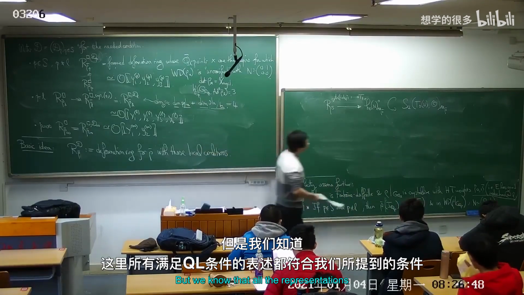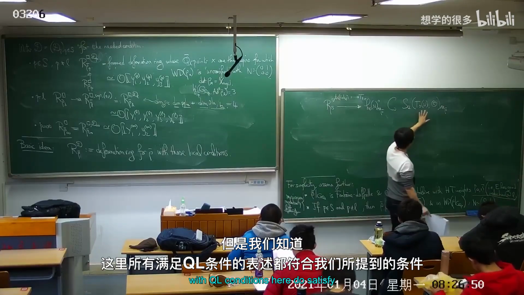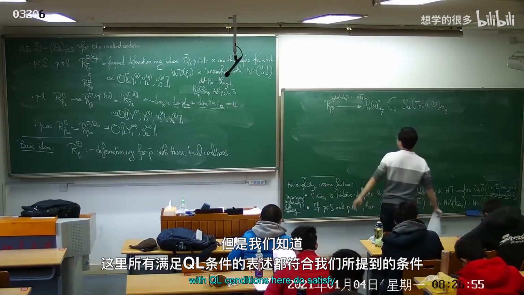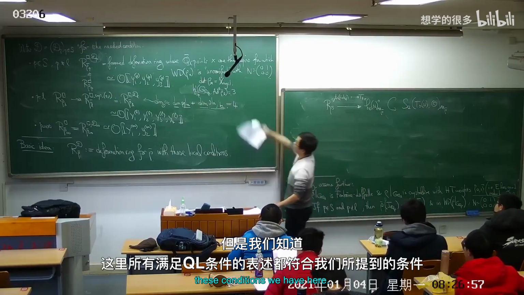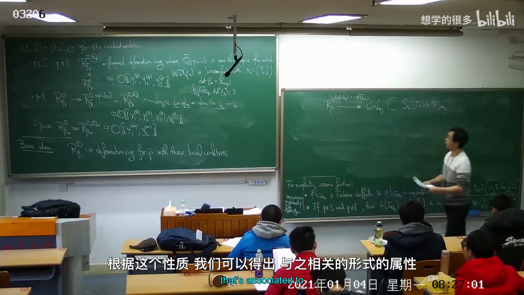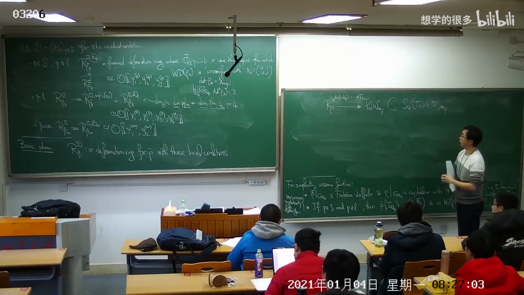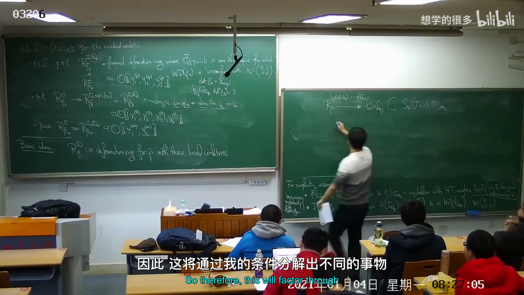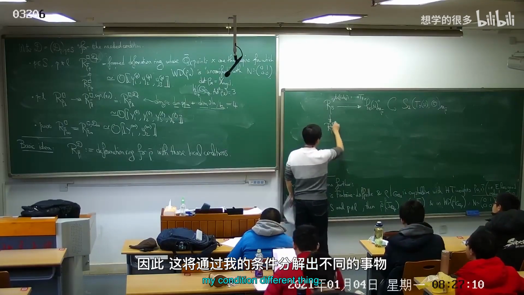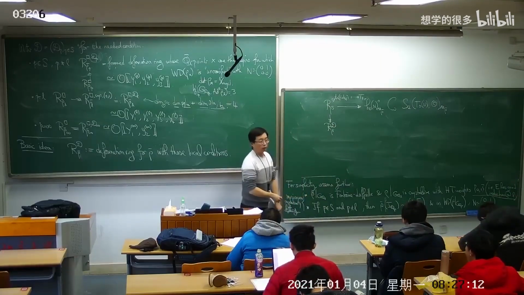But we know that all the representations with these conditions do satisfy the conditions we have here by the properties of the form that's associated to these representations. So therefore, this will factor through my conditioned deformation ring.